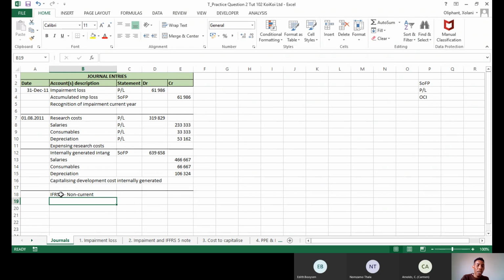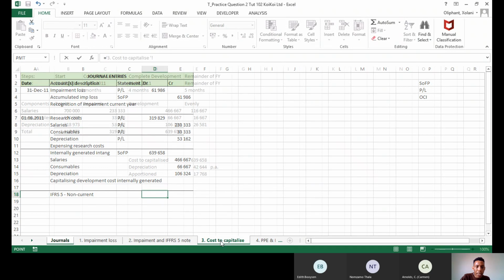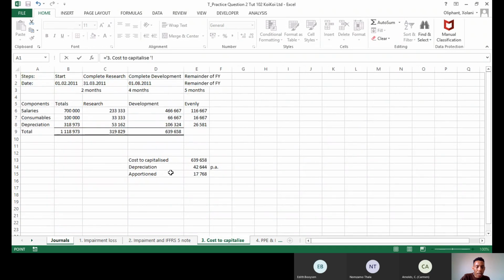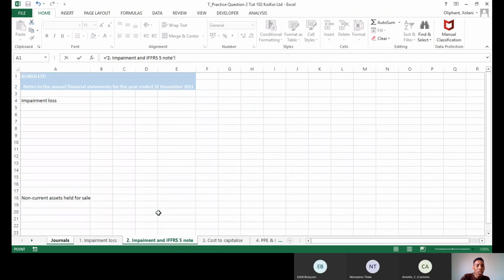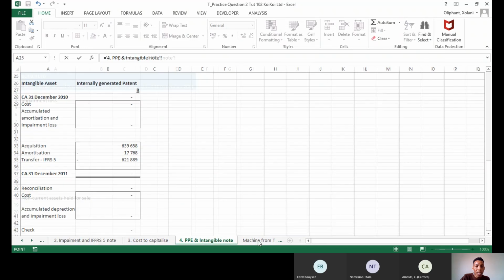We're going to recognize this at cost. Currently the asset is sitting at, I think, 639. It was sitting at 639, but remember we then took depreciation. So the item was sitting now at 621, right?